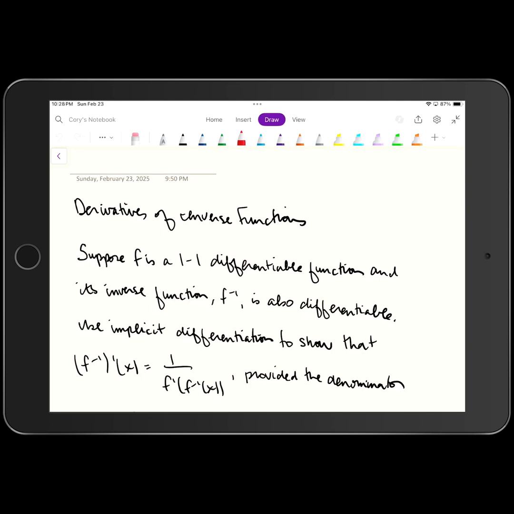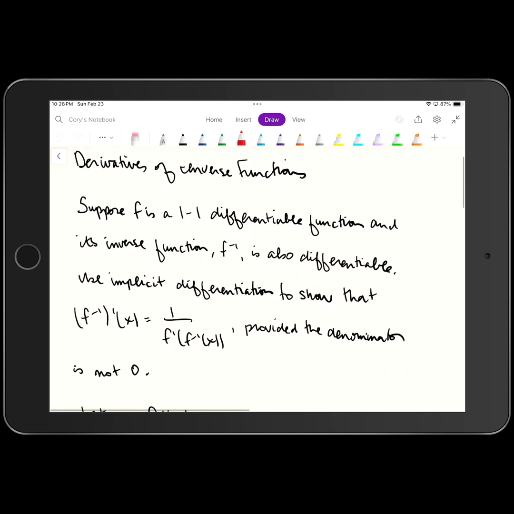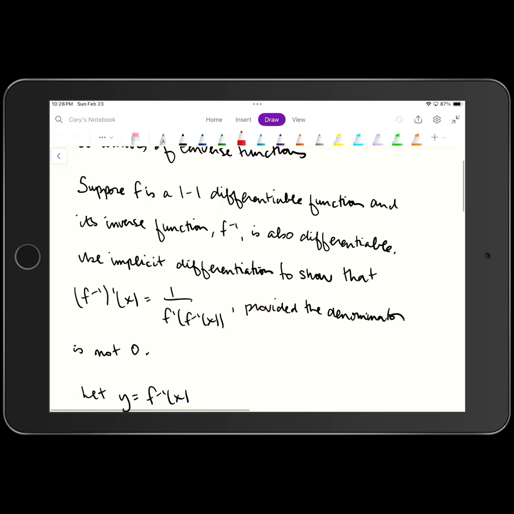Let's take a look at how we take the derivative of an inverse function. So this says to suppose f is a one-to-one differentiable function, and its inverse function, f inverse, is also differentiable.